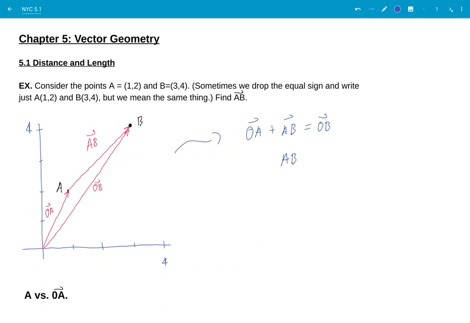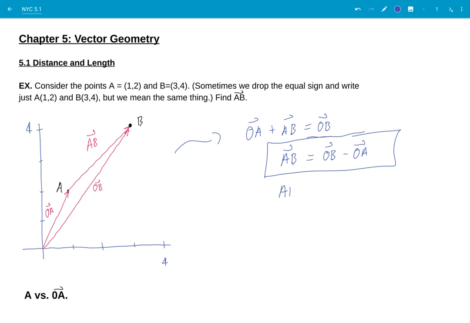So AB is 0B minus 0A. Okay, so this is the formula you should either memorize or be able to produce on command.